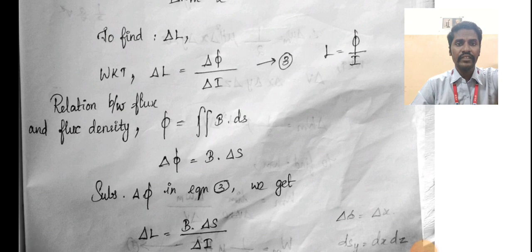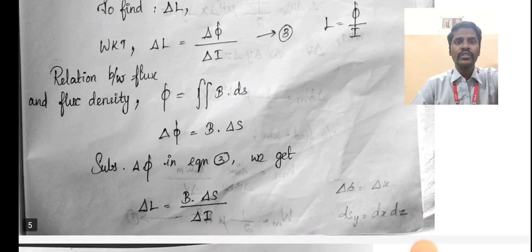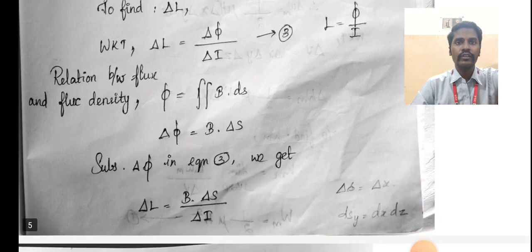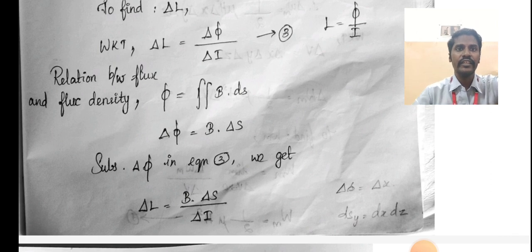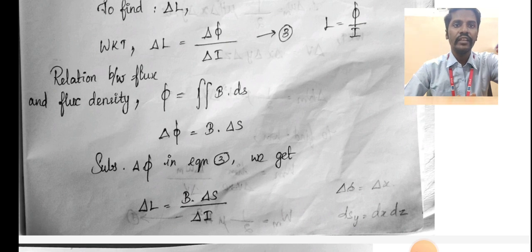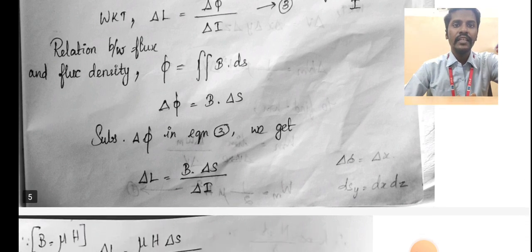Therefore del phi is equal to B into del S. Now we have the value of del phi, so we substitute it in equation 3. We get del L is equal to B into del S by del I.